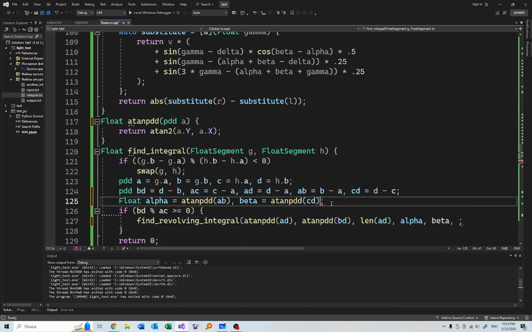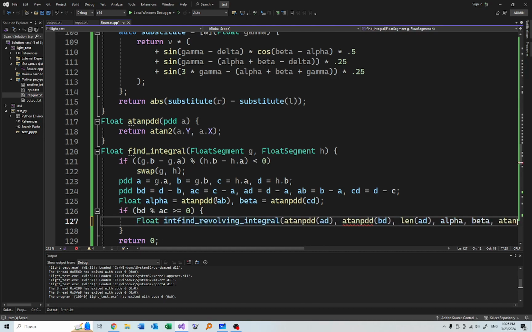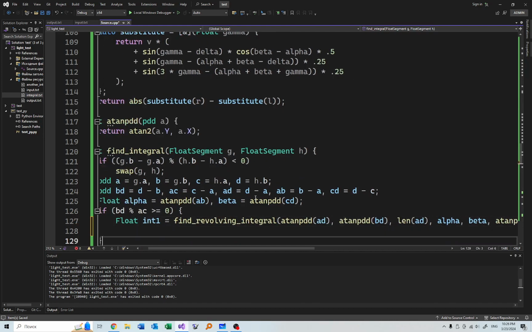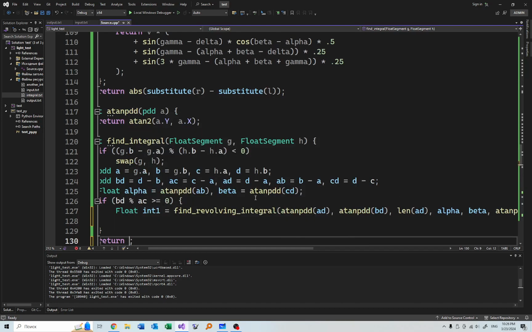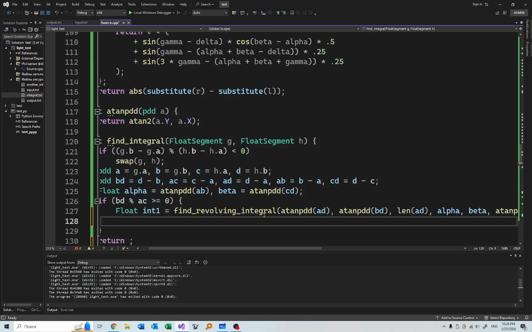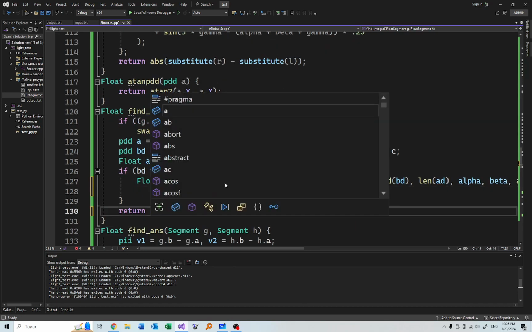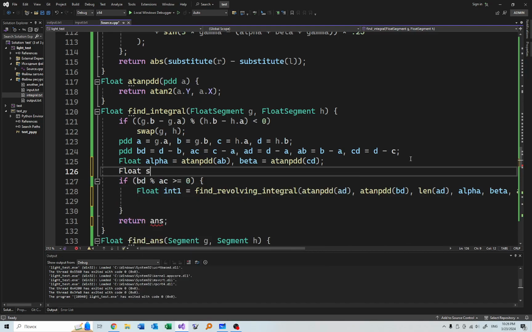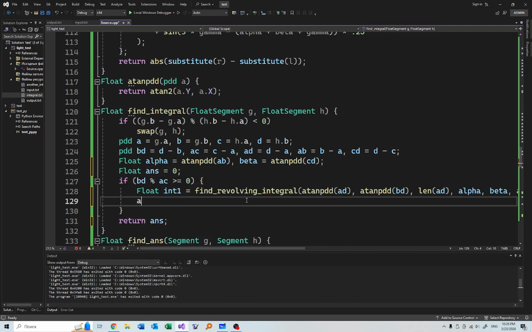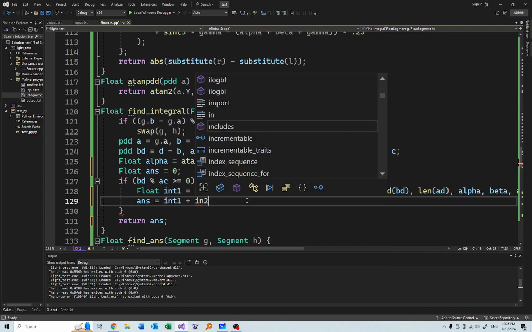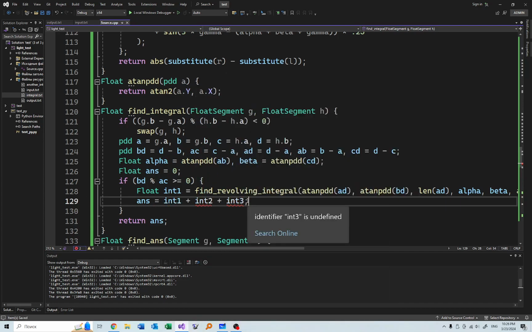In this case, for example, delta is atan2 of AD. Excellent.